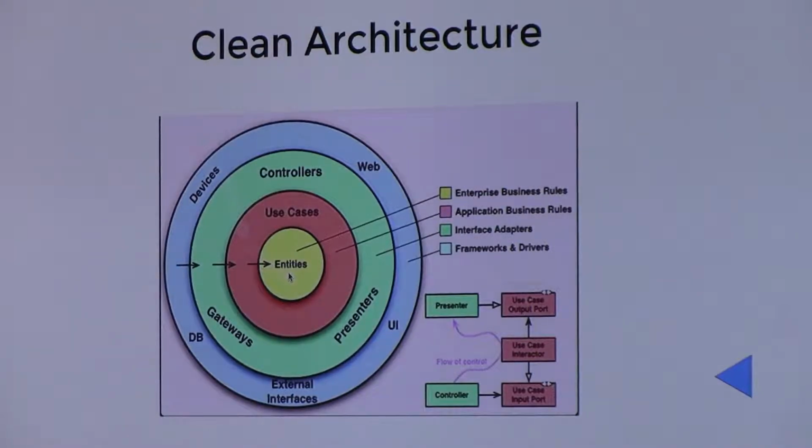The entities are your typical plain model. You have the use cases, which implement your application-specific behavior. Outside of that, you have the controllers, the gateways and the presenters. And outside of that is where you have your database, your UI, your web, and I don't know what devices are doing here.